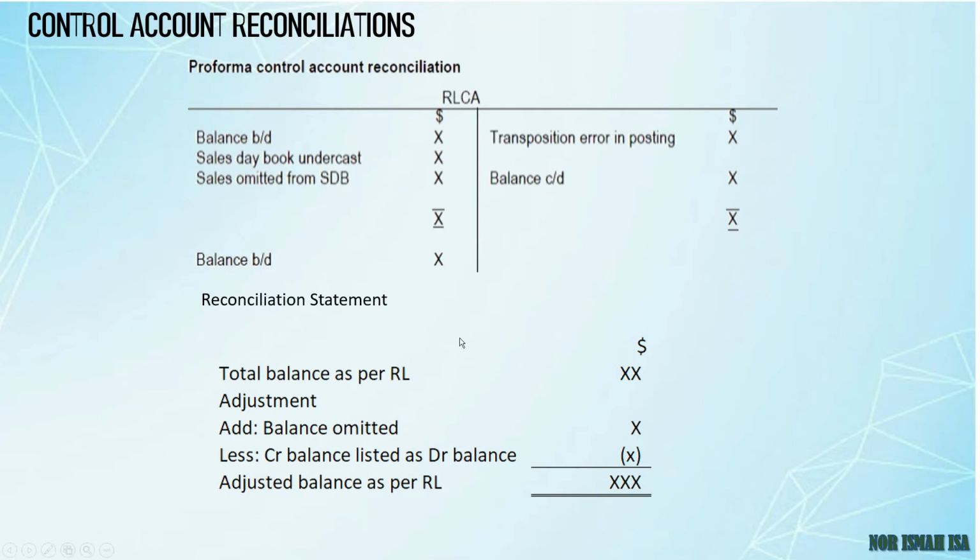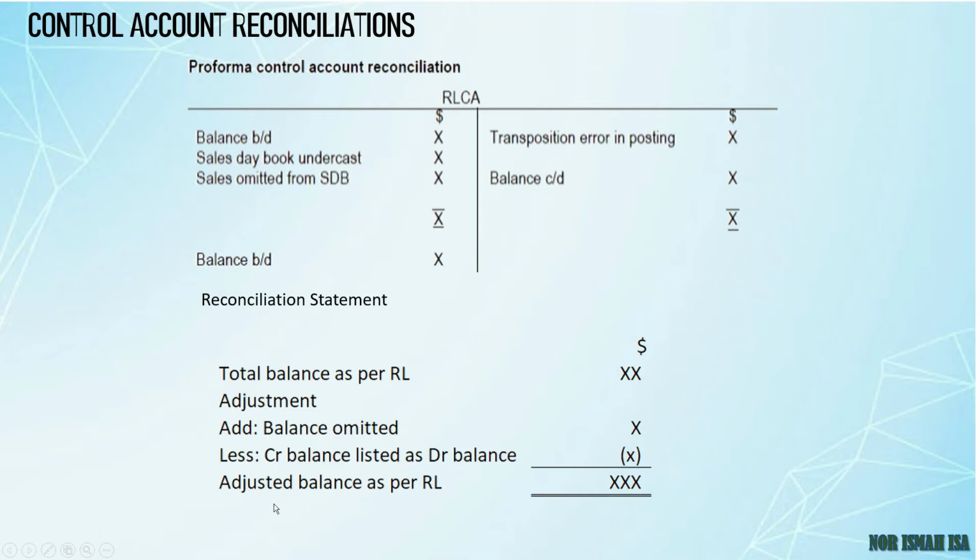So this is a reconciliation statement, which means you are going to adjust the balance as per the receivable ledger as above. This is the adjustment for the receivable ledger control account, which is in the nominal ledger. The format is that you start with the total balance as per the receivable ledger, and you adjust by adding the balance omitted, and you minus any credit balance that was listed as a debit balance.